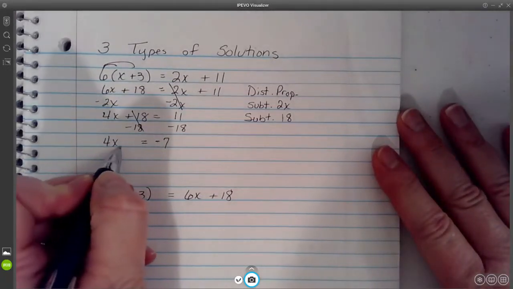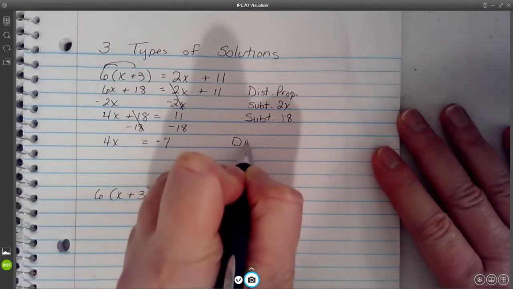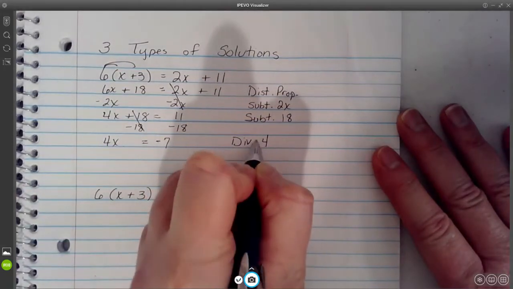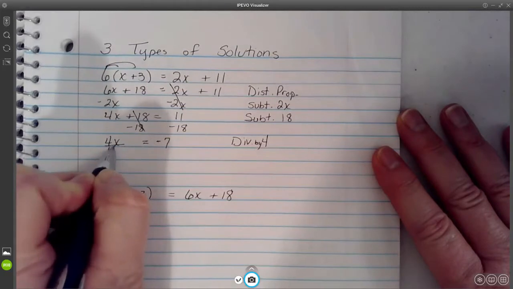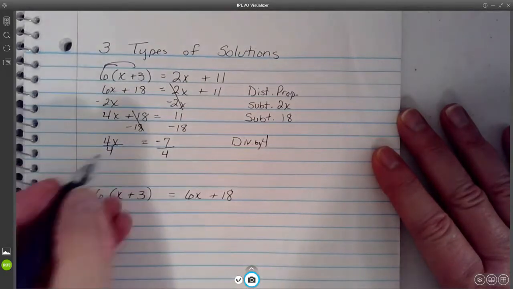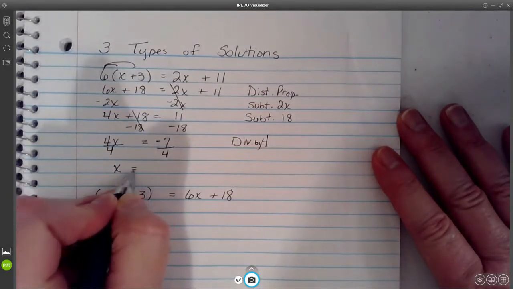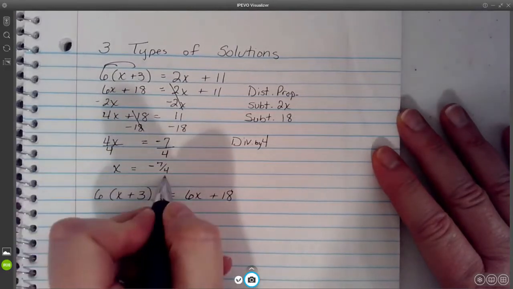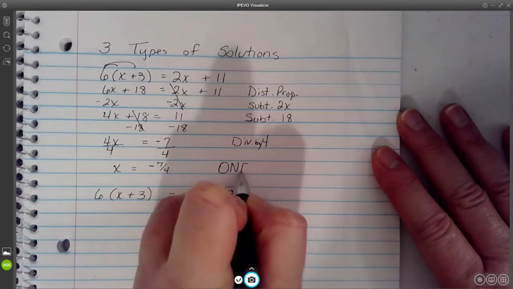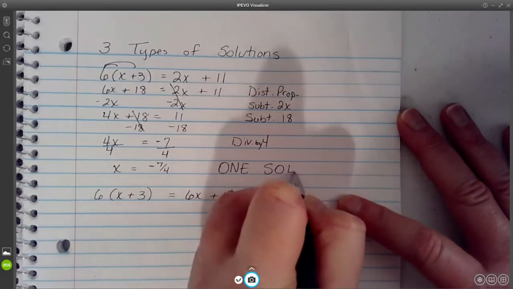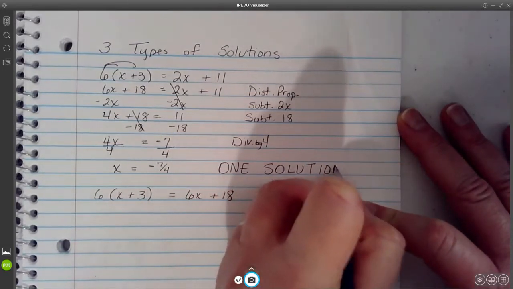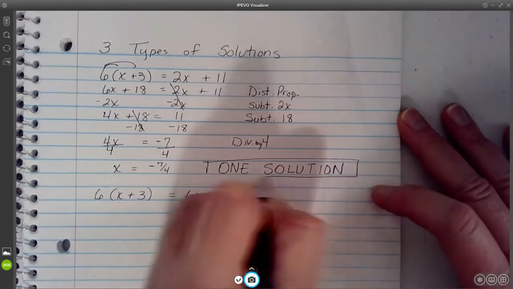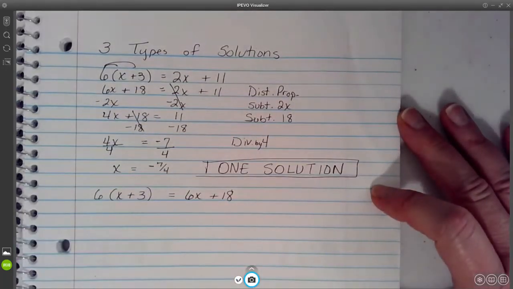When I keep going, the next thing I'm going to do is divide by 4. Divide by 4 on both sides to get x isolated, and that gives me negative 7 over 4. That is an answer. This is one type of solution. This is the first type you can get, one solution.